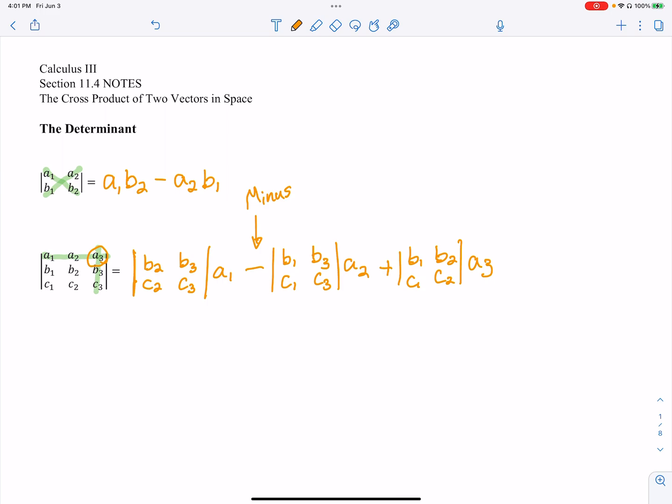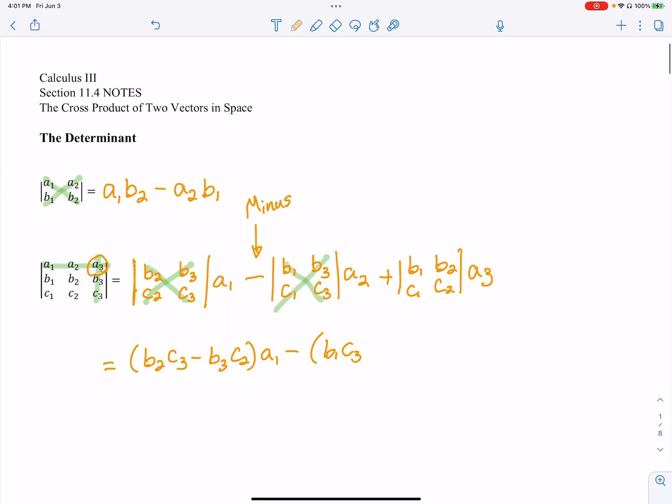Now we just have a bunch of small determinants. So I get B2, C3 minus B3, C2 times A1, minus B1, C3 minus B3, C1 times A2. It's just diagonals again.